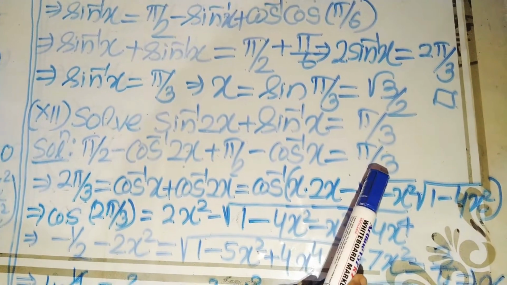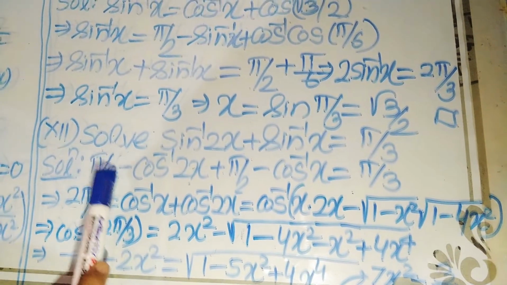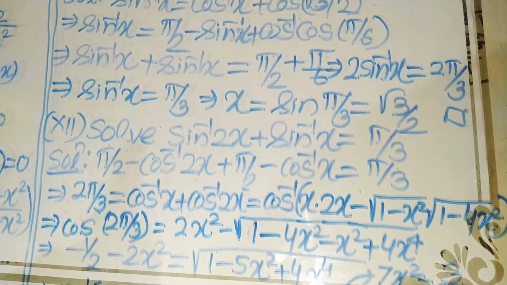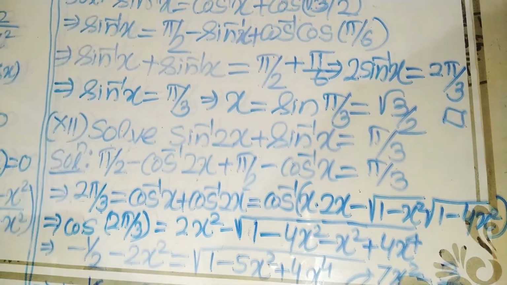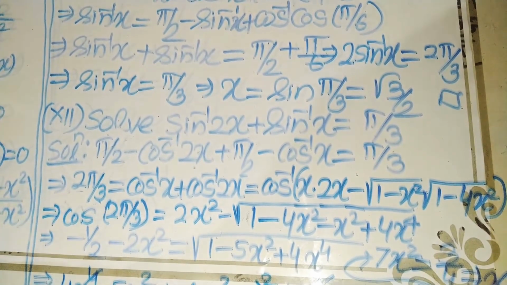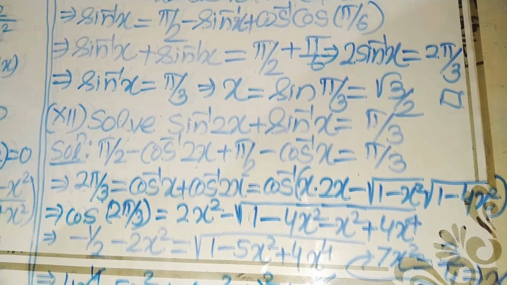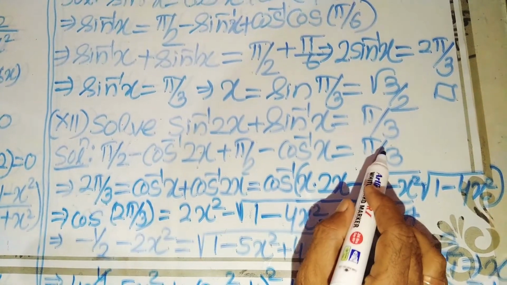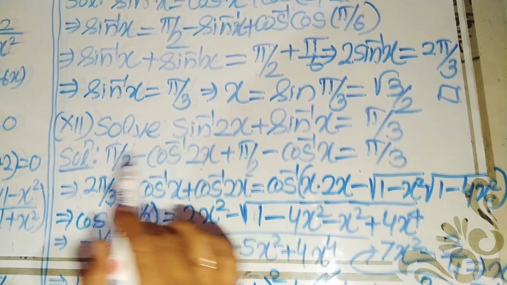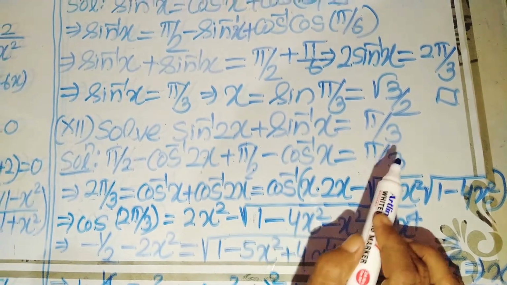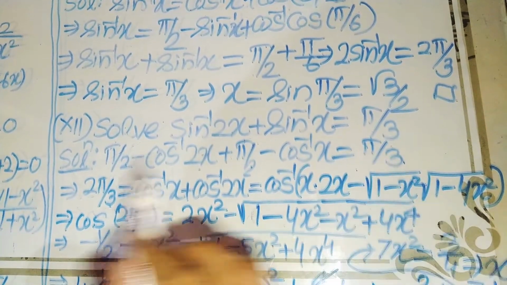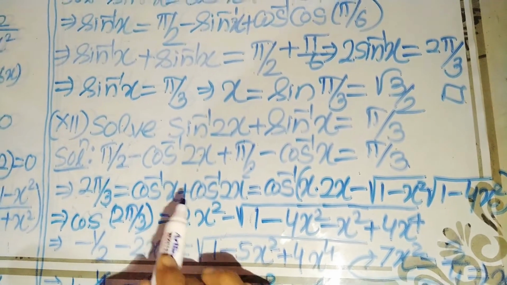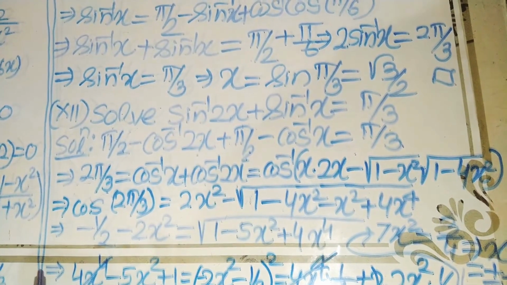So we have pi by 3 minus pi by 2, that is pi minus pi by 3, that is 2 pi by 3, is equal to cos inverse x plus cos inverse 2x.